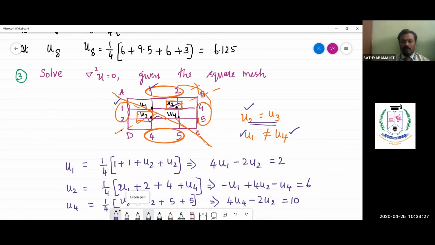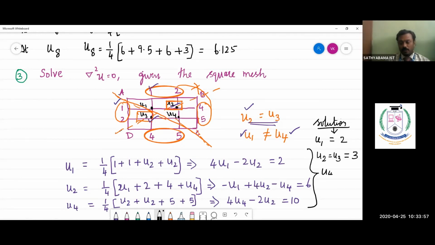So on solving these 3 equations for the unknowns U1, U2 and U4, the solution at the mesh points is U1 is equal to 2, U2 is equal to U3 is equal to 3 and U4 is equal to 4.